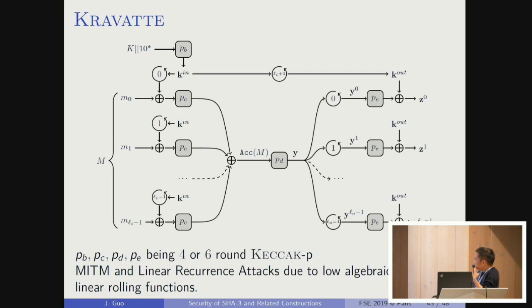When this is 6 rounds, we can still attack it by taking into account that this rolling function is a linear function. You notice that y here is the same. We assume this is a variable, and this is unknown. However, since the rolling function is linear, we can actually find the relation between y0 and y1.